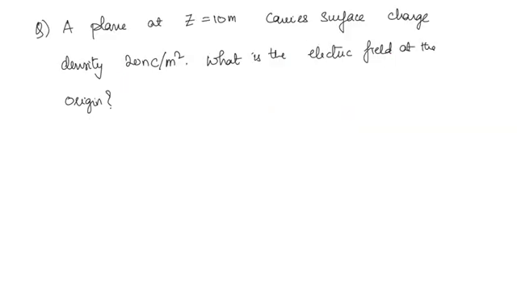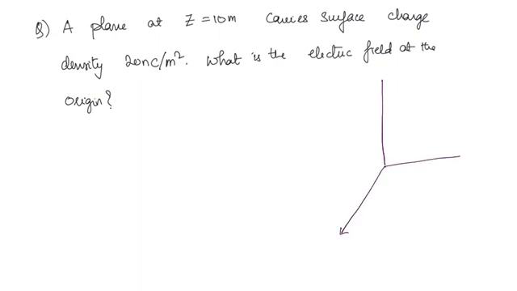So next question is, a plane at z equal to 10 meter carries surface charge density 20 nanocoulomb per meter square. What is the electric field at the origin? Here this is an infinite sheet. It is not specified, but it is given that the plane is at z equal to 10 meter, so we can assume that it extends all through z equal to 10 meter.